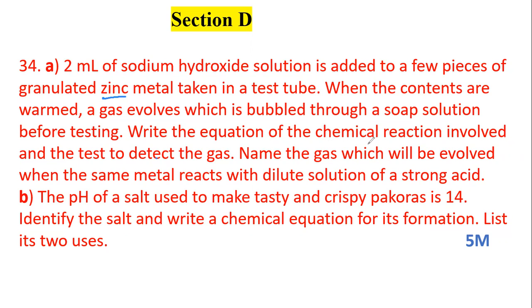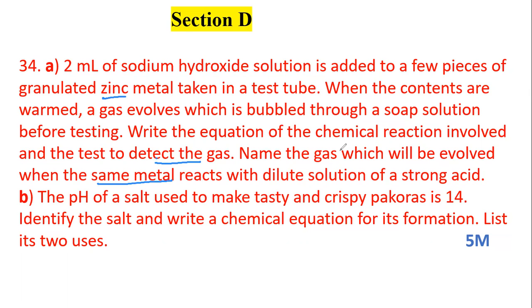Write the equation of the chemical reaction involved and the test to detect the gas. Name the gas which will be evolved when the same metal reacts with a dilute solution of a strong acid.